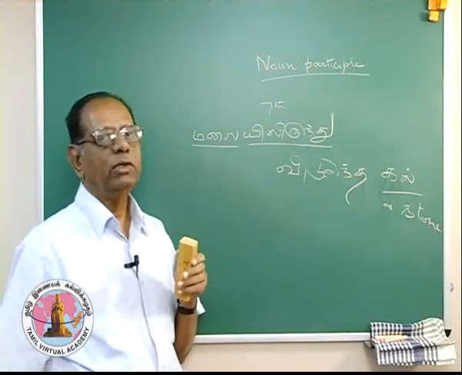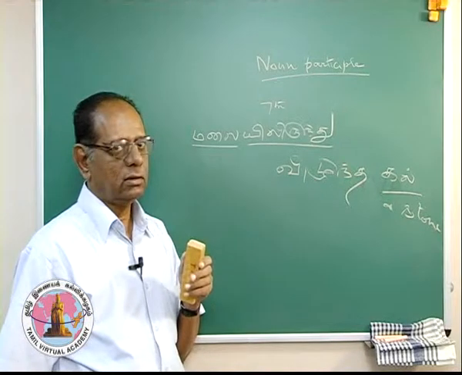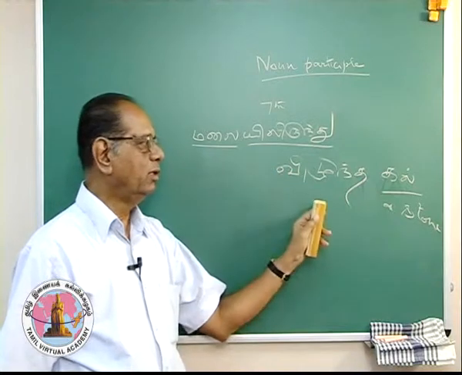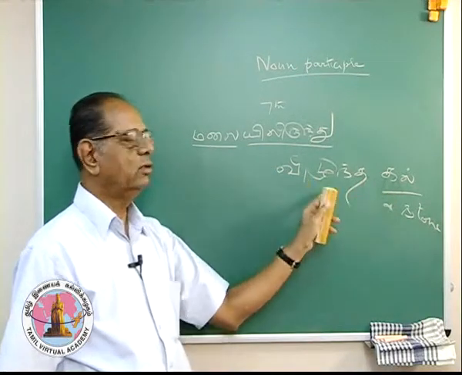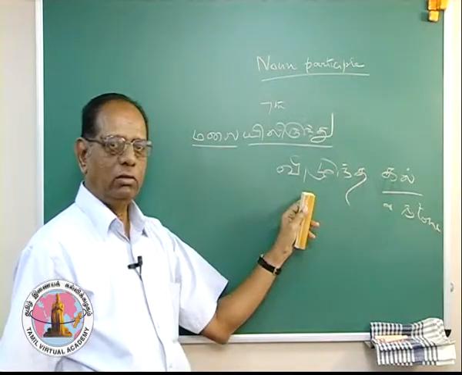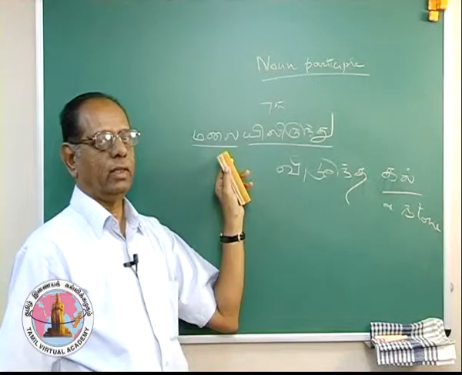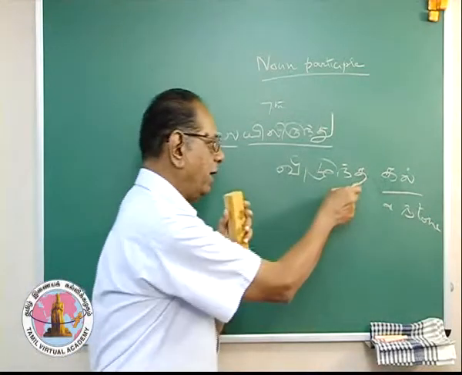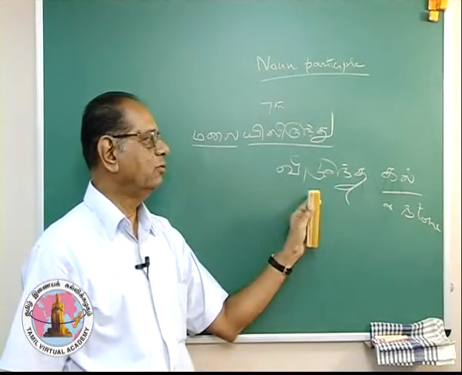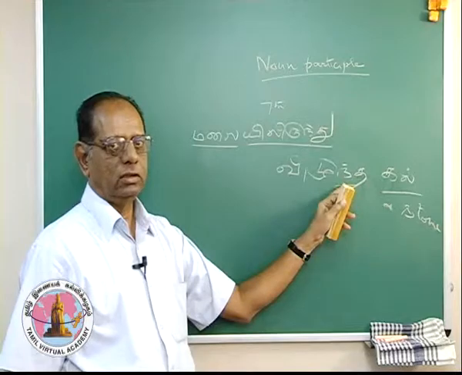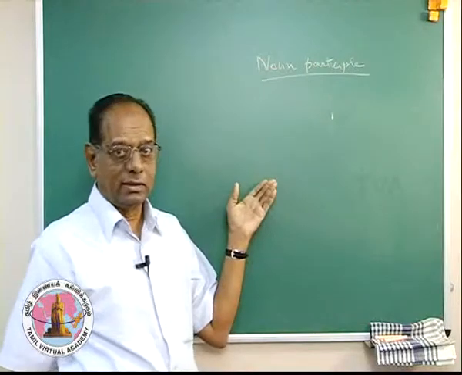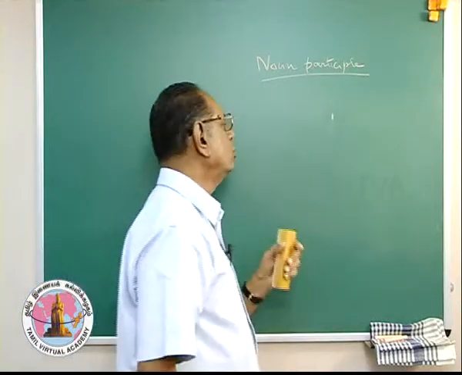This is the seventh case, locative case. மலையிலிருந்து, from the mountain. விழுந்த கல். விழு, to fall down. The stone that fell down from the mountain. Here you find, while taking the past tense marker, this verb gets a nasal letter introduced. That is another set.